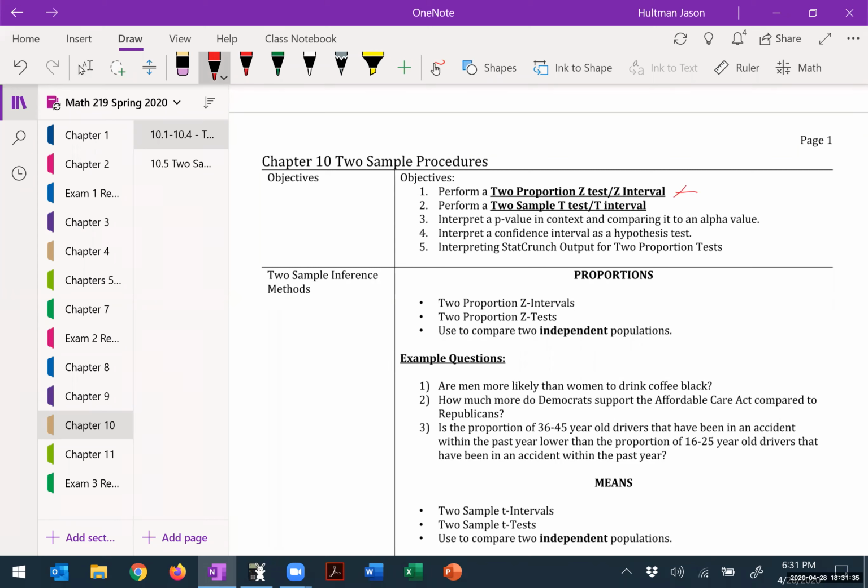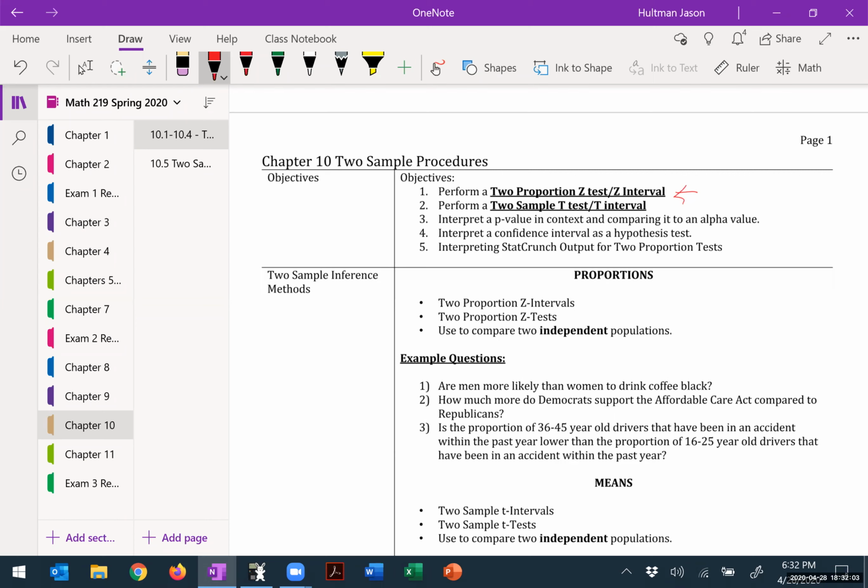Today I'm going to just focus on the proportion part. On Thursday, we're going to finish this up, going over the mean part. I'm only going to do proportions today, and then we're going to do means on Thursday, and then we're going to do some practice problems.